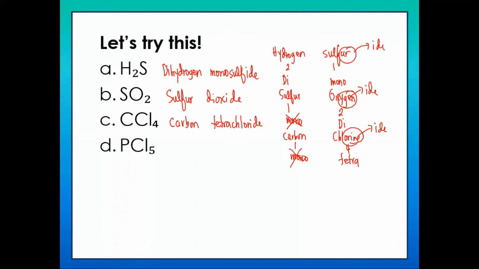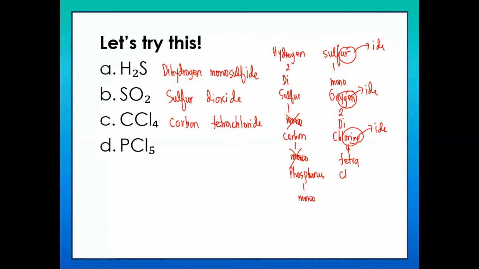Now, fourth example, we have PCl sub 5. P means phosphorus. You can still check the name of the element symbols in your periodic table of elements. So, P, phosphorus, how many atoms? Only one, mono.